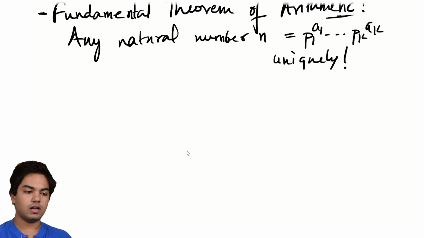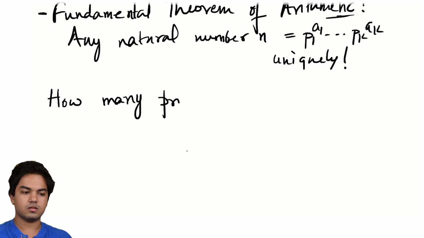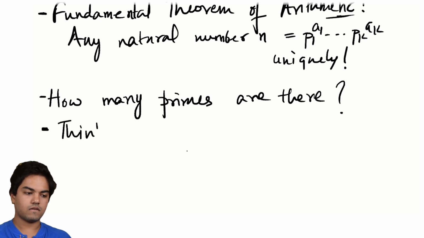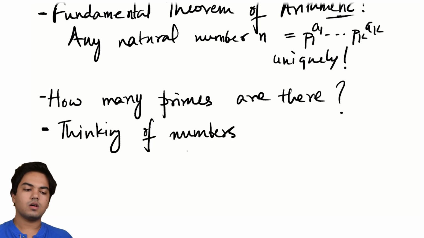Today we'll answer the question mainly, that's one of the problems we'll look at, is how many primes are there? Right? This is the first question we'll address. Other than this, one of the things we'll look at is thinking of natural numbers as multi-sets of primes.